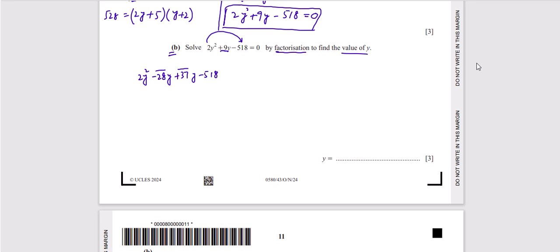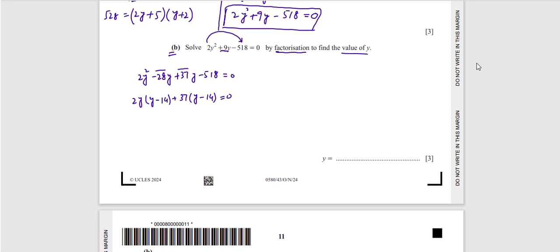In these values we get 2y common, so the remaining value is y minus 14. Plus we take 37 from these values, the remaining value is y minus 14, that is equal to 0.